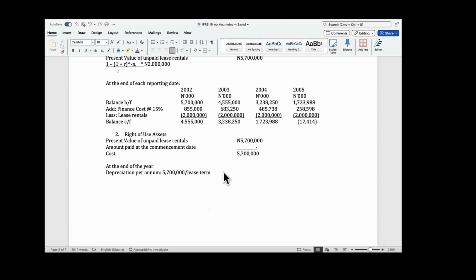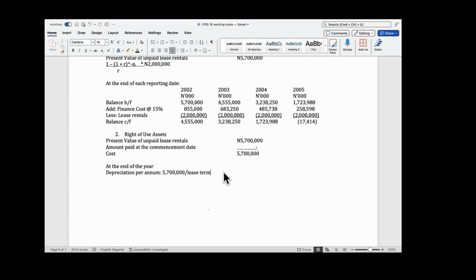Some people will say the lower of the lease term and the useful life. But why would the useful life be lower than the lease term? Why would you lease an asset for a period higher than its useful life?